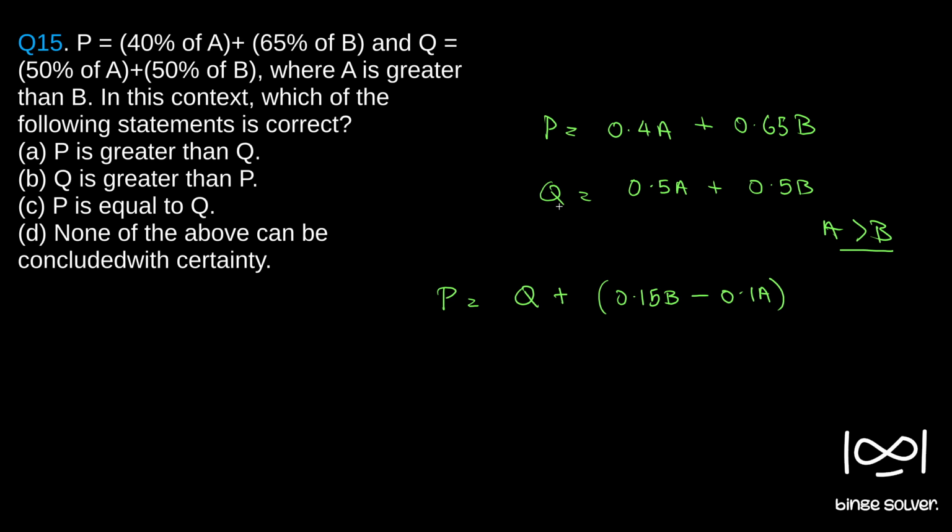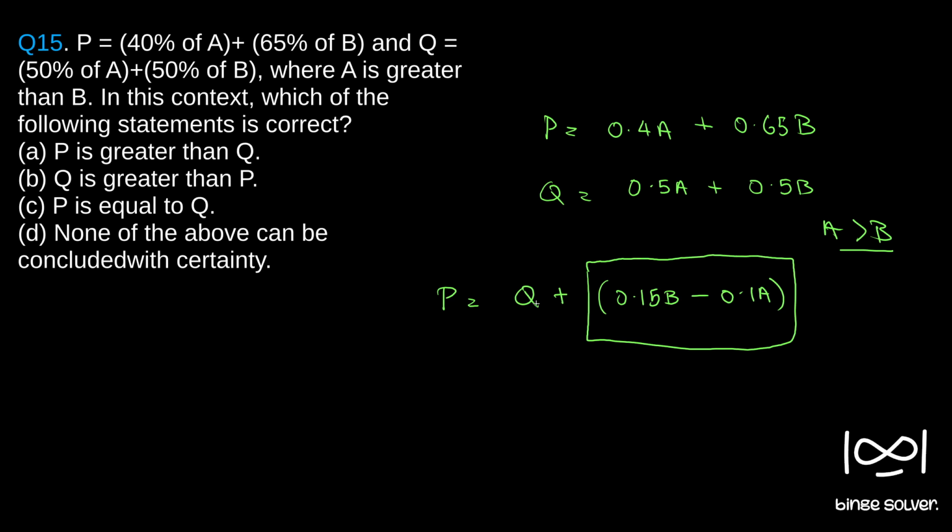If you subtract P minus Q, you will get the same equation. There is an additional 0.15B here and a subtraction of 0.1A from Q, and we will get P. So P equals Q plus this. Now we know that A is greater than B. But if this part is a positive number, we can say that P is greater than Q.